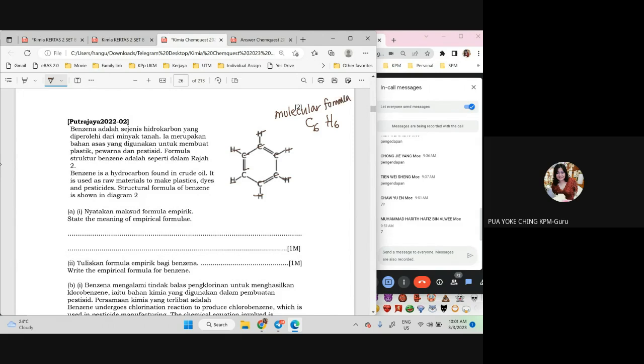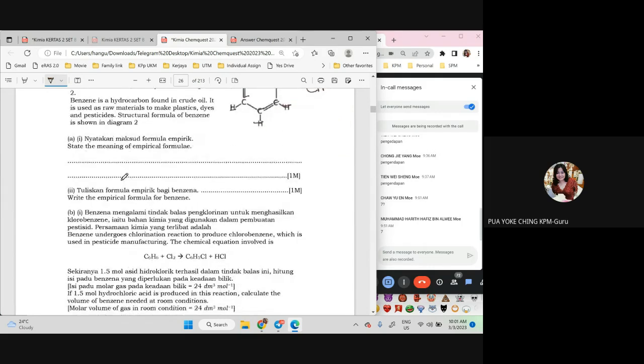Dah siap kira, kita tengok boleh ringkaskan lagi tak? Okay, boleh bahagi dengan 6. So you get CH. So this one is empirical formula. Okay. Saya harap soalan yang macam ni keluar sebab ini adalah yang paling senang. You just calculate. Kira daripada diagram.